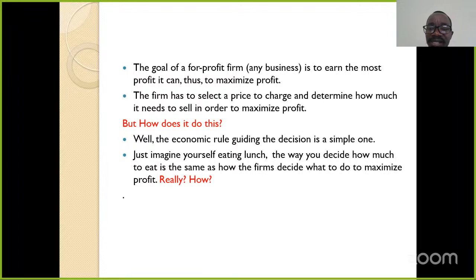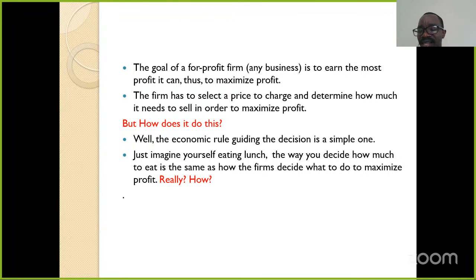As we have already seen from the start, the goal of every business is to make and maximize profit. So the firm has to select the price to charge and determine how much it needs to sell in order to maximize the profit. But how does this happen?